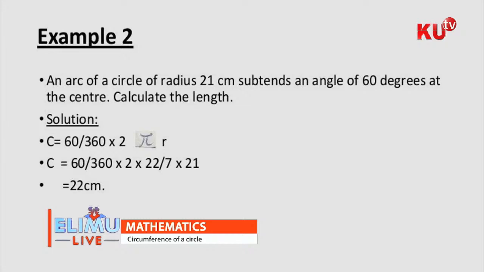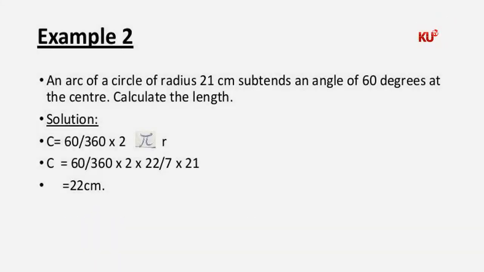That is the circumference of this arc that was subtended to the center by the radius of 21 at an angle of 60 degrees. Let me repeat the working briefly.